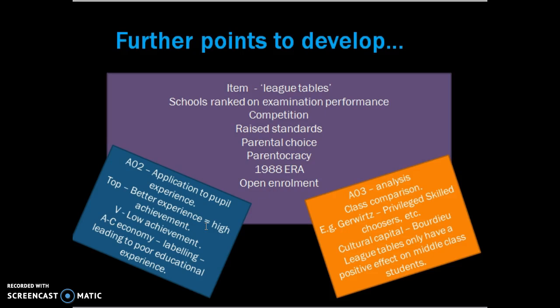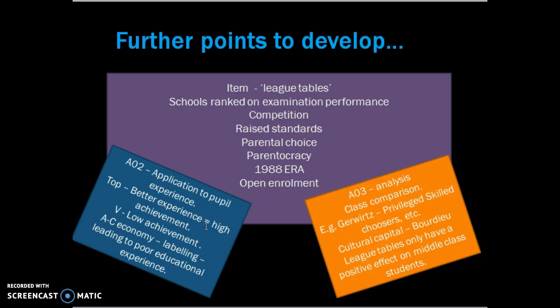And you could then compare it to schools at the bottom of the league table, which will have more limited resources. You could link it into the funding formula. Student numbers equate to how much money they've got to spend on each student, and that might mean that there's less resources, and that may lead to low achievement. Again, talking about the pupil experiences.